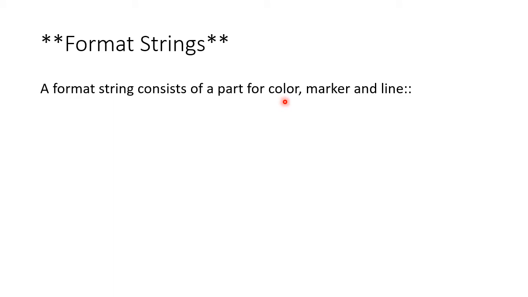Color means what must be the color. That is obvious. Marker means when we consider several x points versus y points, we will first mark x1, y1 as a point, then x2, y2 as another point, something like that. So they are called markers, and lines are basically connectors of these markers.